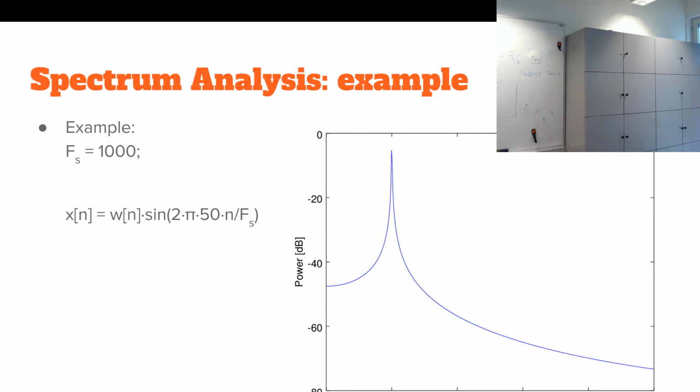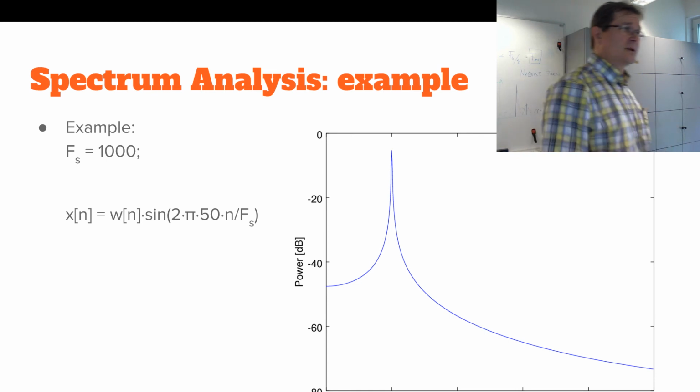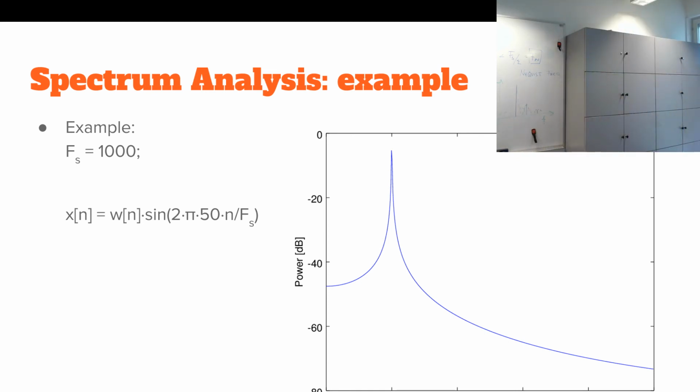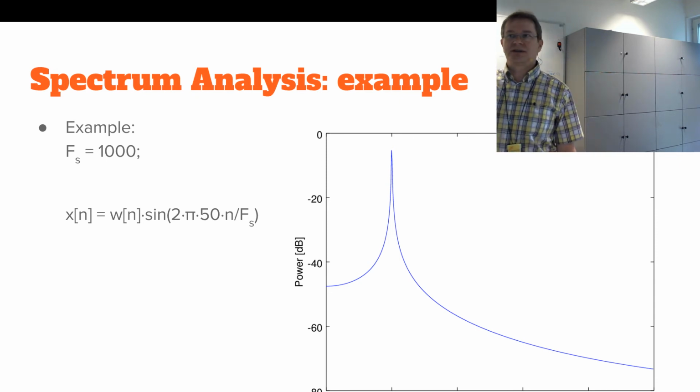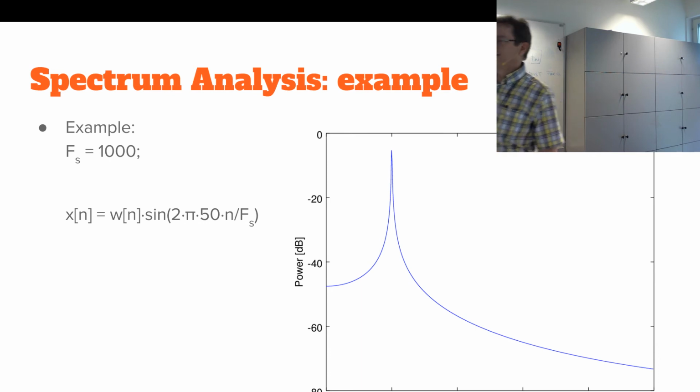That w[n] in front of it is actually the window, meaning we took a sample on some certain range. We cannot transform anything from minus infinity to infinity. It takes a little too long to wait for infinity to happen.